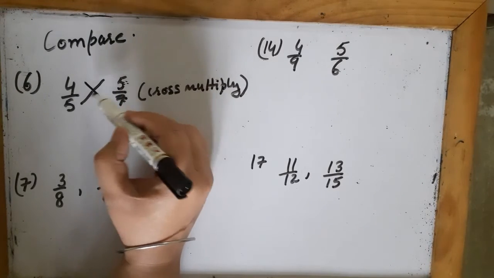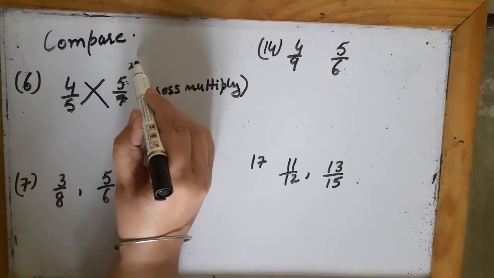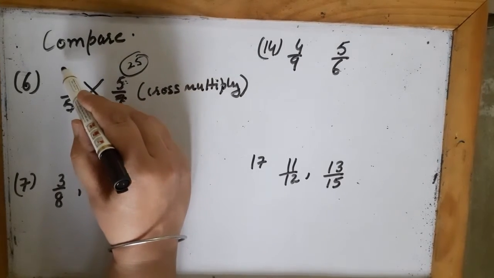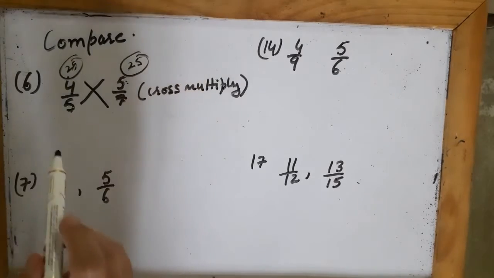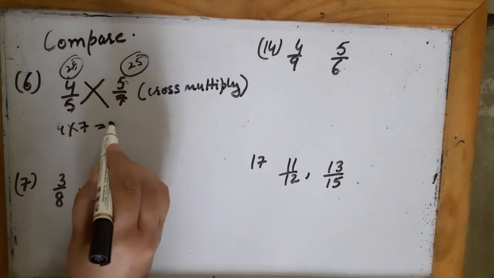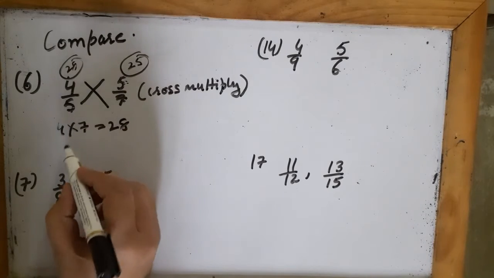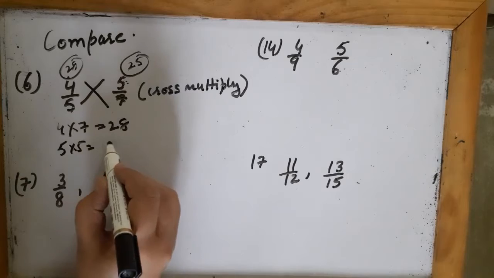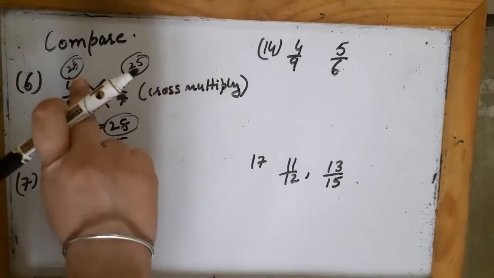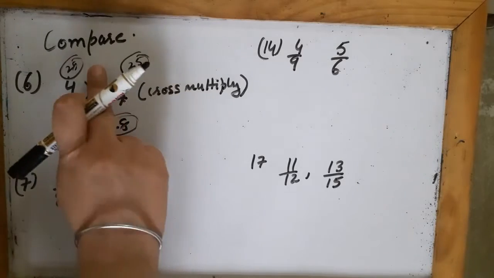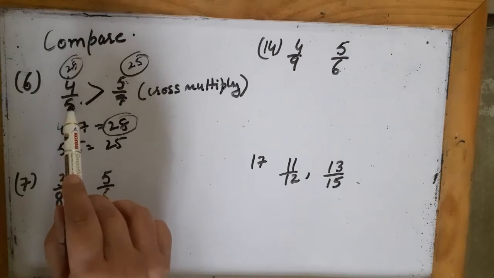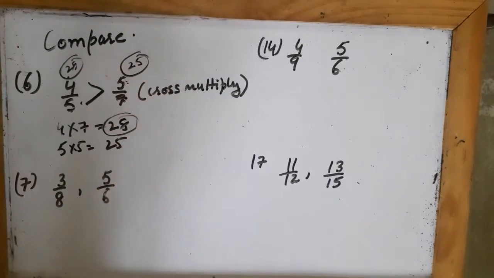Now if I multiply 5 with 5, 5 fives are 25, and 4 sevens are 28. So which is bigger? This 28 is bigger, which means this fraction is bigger than this fraction. So 4 by 5 is bigger than 5 by 7.